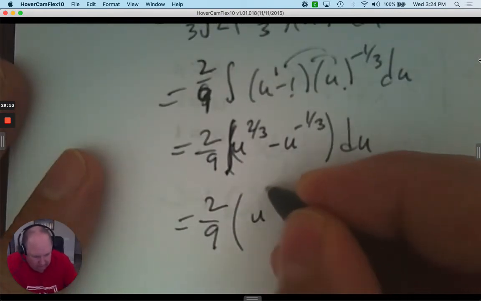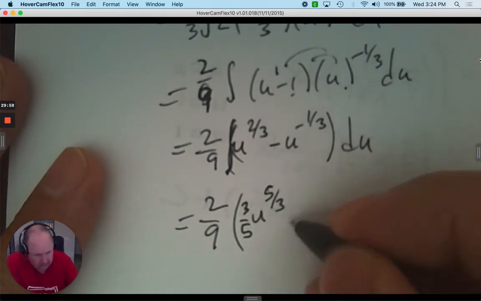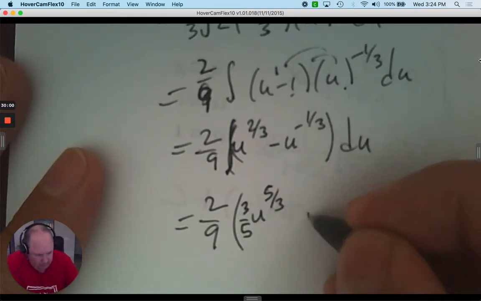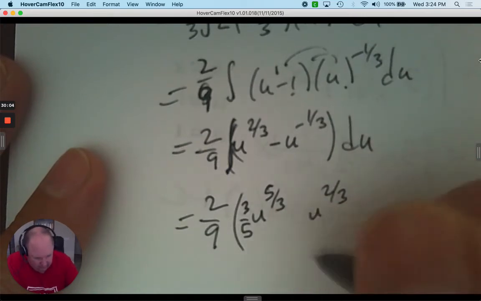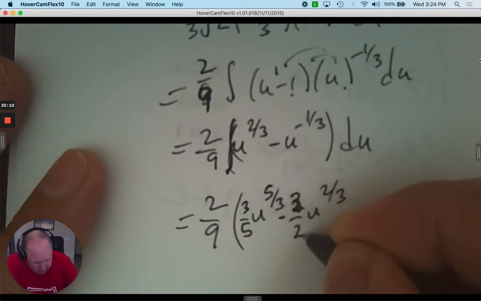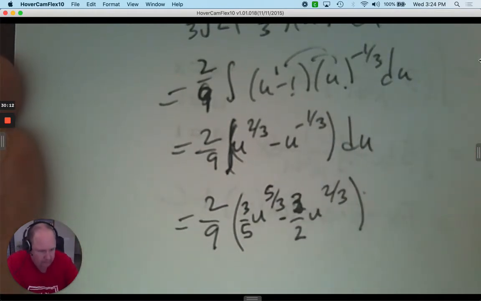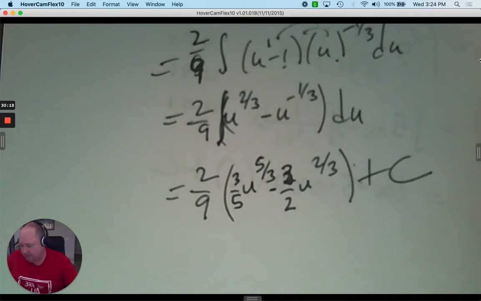So add 1. 2 plus 3 is 5, and then the reciprocal. Negative 1 plus 3 is 2, and the reciprocal, oops, that's 3 over 2. And then the constant.